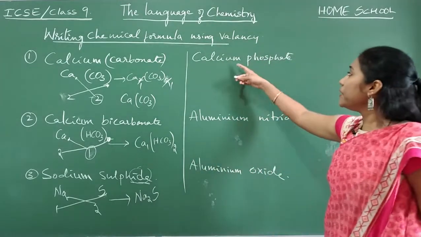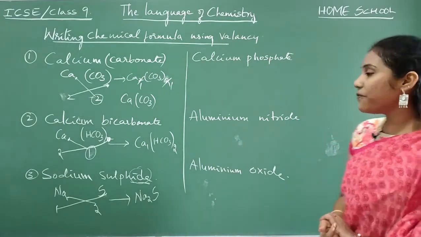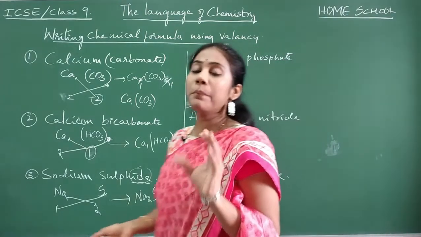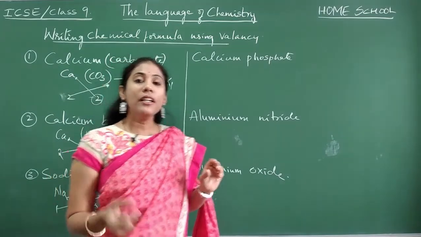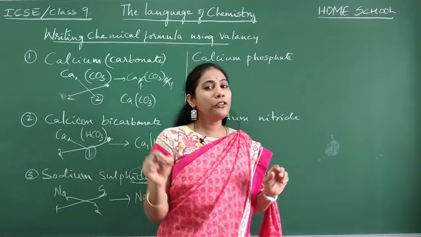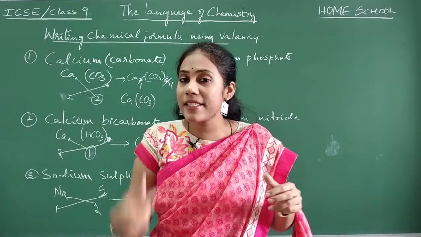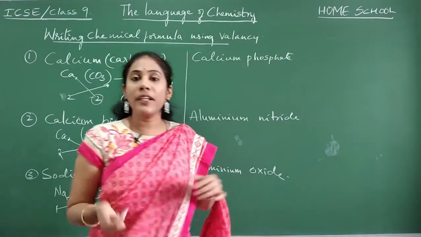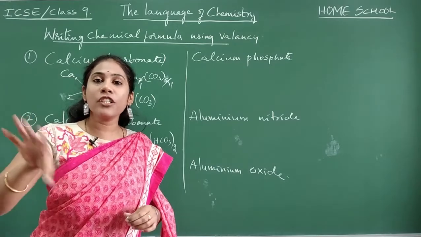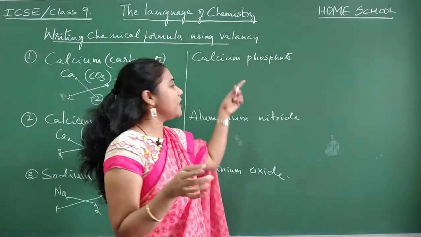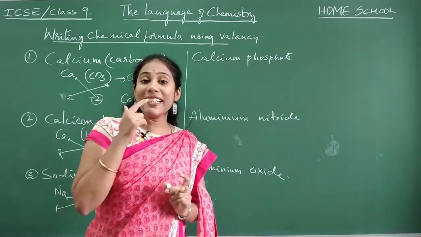And now coming to the next compound, calcium phosphate. This is a very important chemical compound. Can you figure out where this chemical compound is present in the human system? This is present in our body, guys. Can you tell me which part of the body contains calcium phosphate? Teeth.